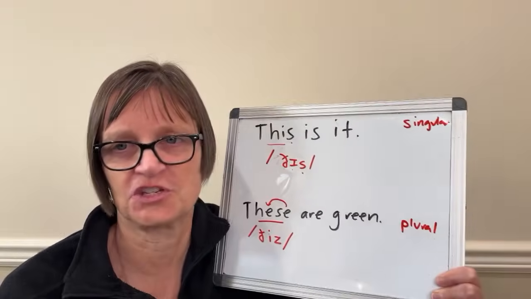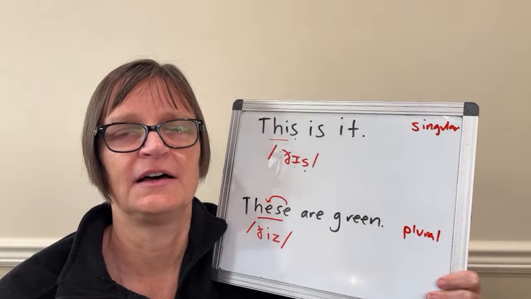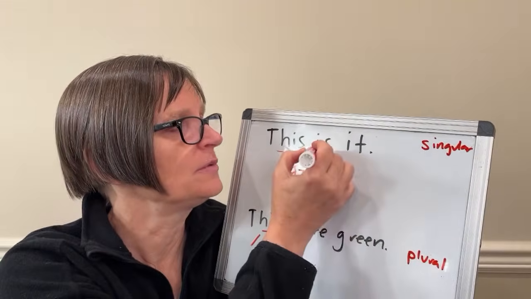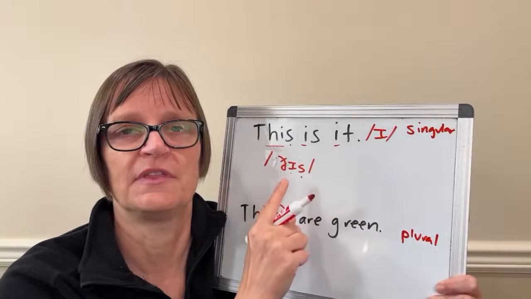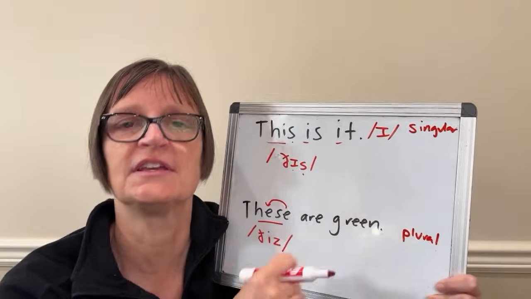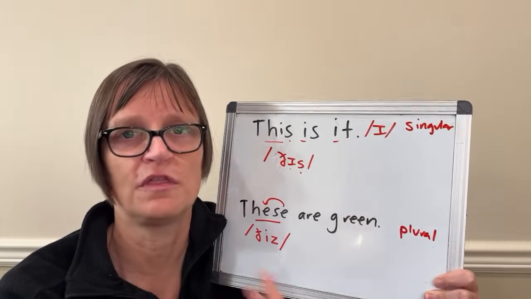So what do I recommend for clarifying this? Use a lot of other words that also have the I vowel when you're practicing the word this, such as this is it, is this it, this is with it, with this.